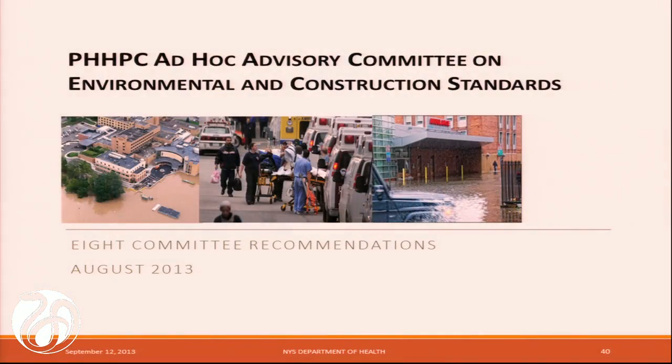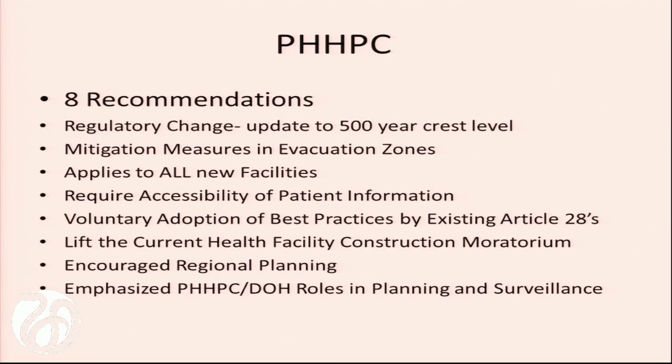The last thing I'll mention is what the report came up with. There were 8 recommendations. One was regulatory change to update to a 500-year crest level, so that in case there was a storm in the future, we look at it from the standpoint of 500 years.